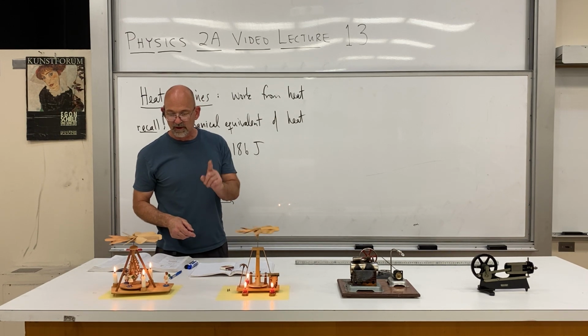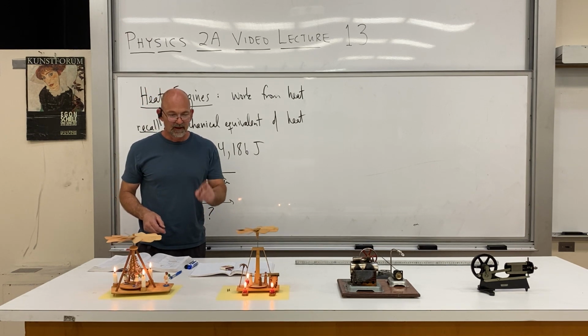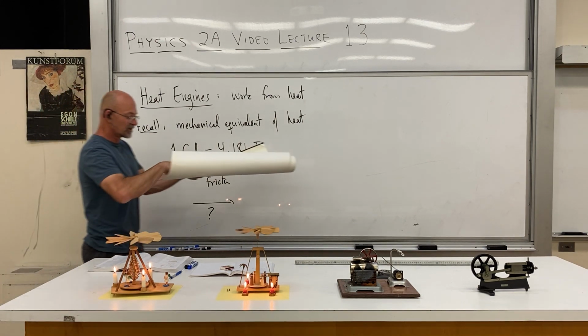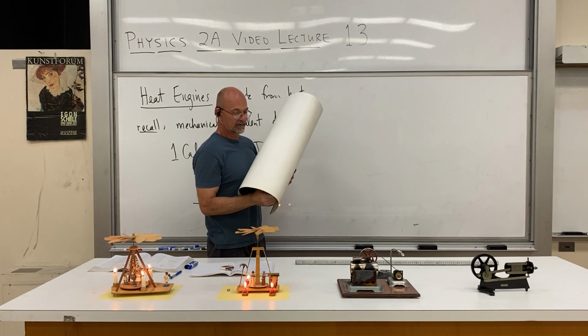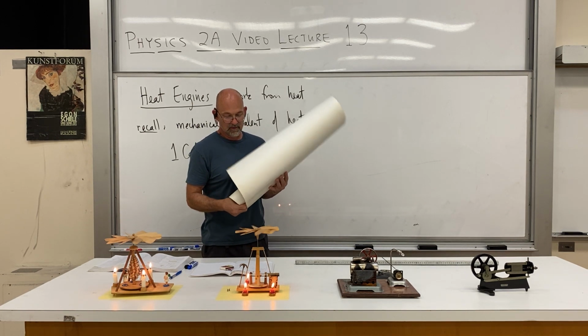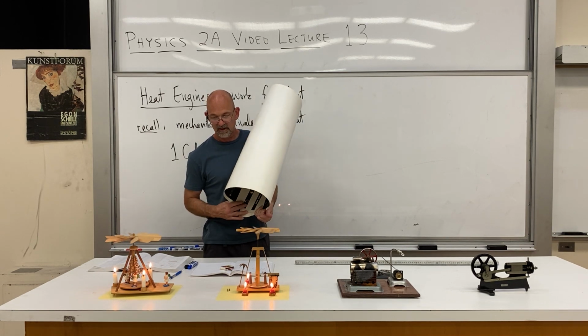Now there's one more really important effect that I have to demonstrate. As fast as this one is moving, there's a chimney effect. Now, I can avoid burning this house down here. Let's see. I'm going to fashion a chimney. Wish me luck on this.